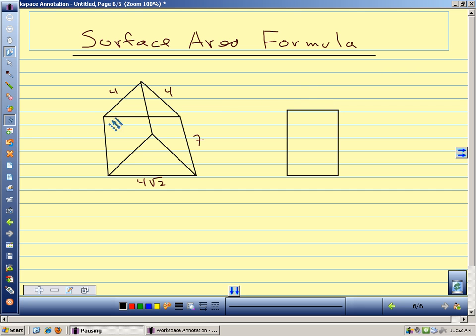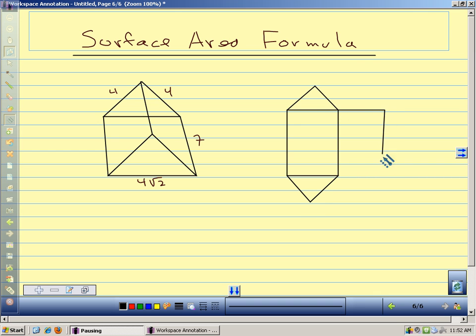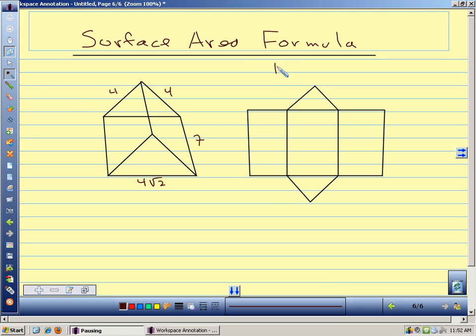So if we're cutting this all open and laying it out flat, what do we call it when we take a shape like this and cut it open and lay it out flat? This is our net. That's exactly right. This is a net for our prism. So if a problem asks you to make a net for a shape, it's just asking you to draw what it looks like all laid out flat.